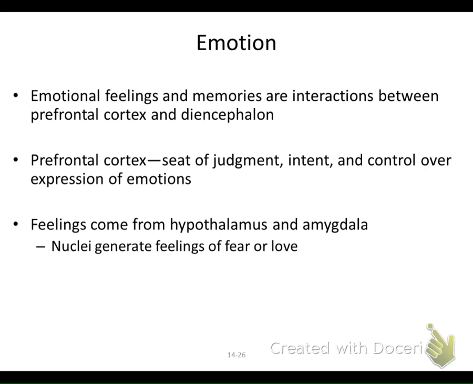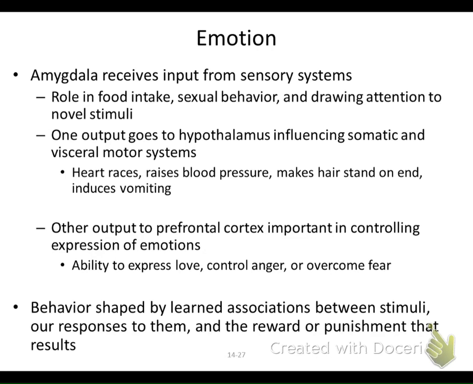So again, we've already said this. The prefrontal cortex is where you have judgment and control over your expressions and also interacting with your emotions. Your feelings of love and fear are a combination of your amygdala, your hypothalamus, and your frontal lobes.